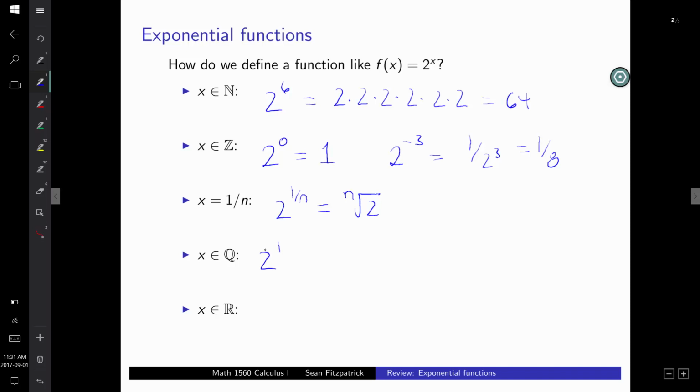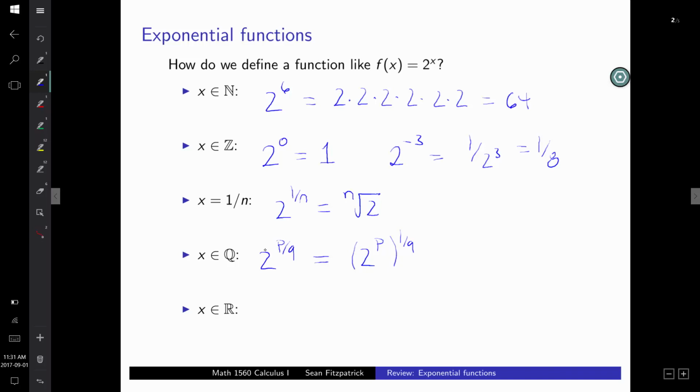Once you get to rationals, they are defined by combining these two. So if I want to do something like 2 to the p over q, where p and q are both integers, I can define this as 2 to the p, to the power of 1 over q. Again, we're using laws of exponents, which say that if you have a power raised to a power, you should multiply those.